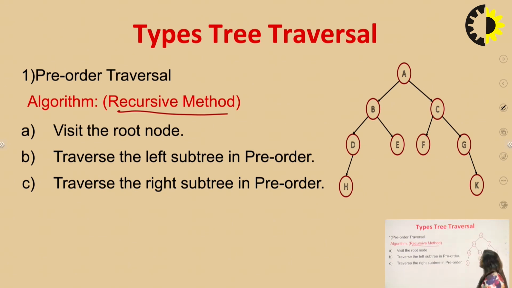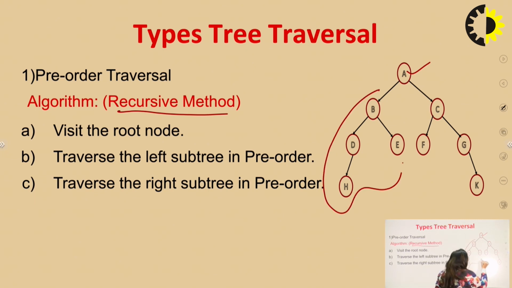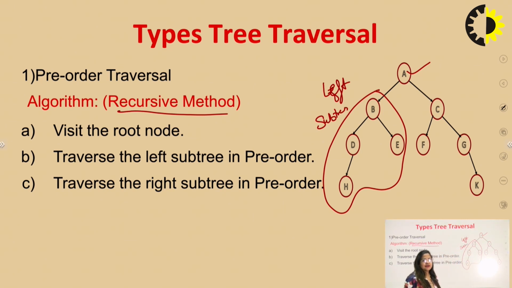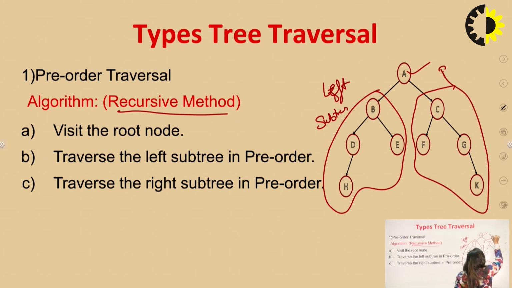According to this diagram and this construction of the tree, this is the root node, this is the left subtree, as I discussed in my previous lecture, and this is the right subtree.